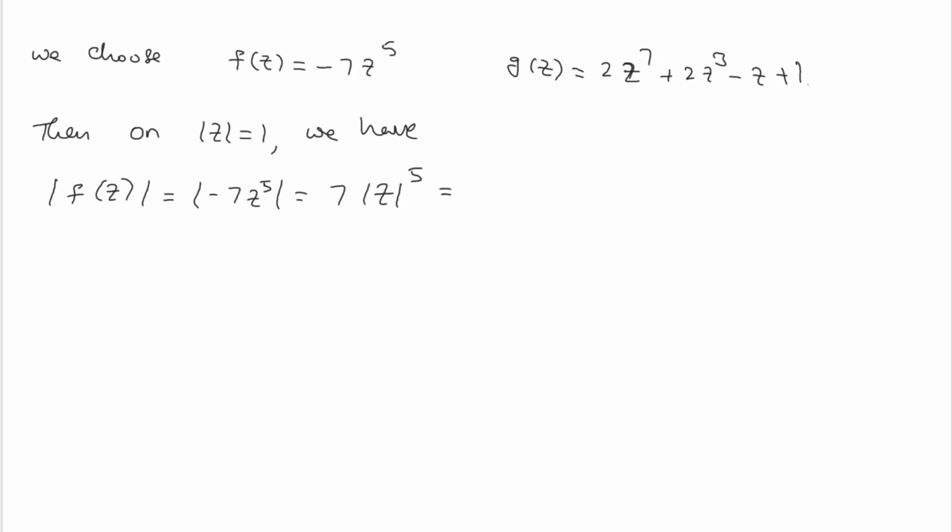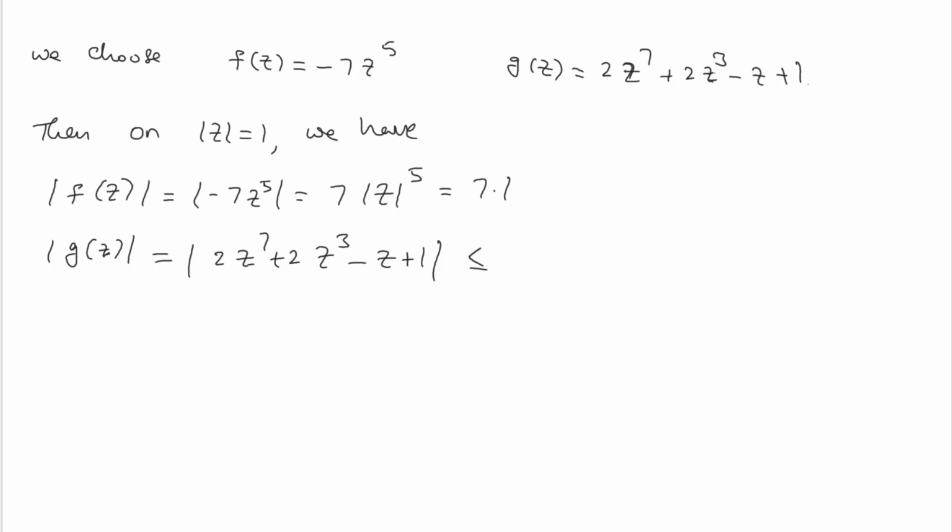Since we are calculating on the boundary mod z equal to 1, this is 7 times 1. Coming to the absolute value of g of z, we have modulus of 2z to the power of 7 plus 2z cube minus z plus 1.